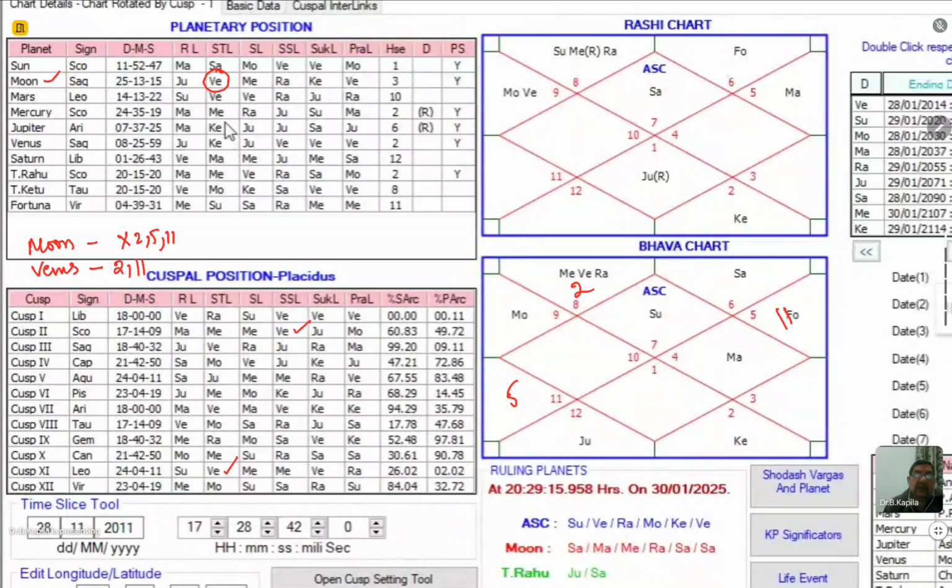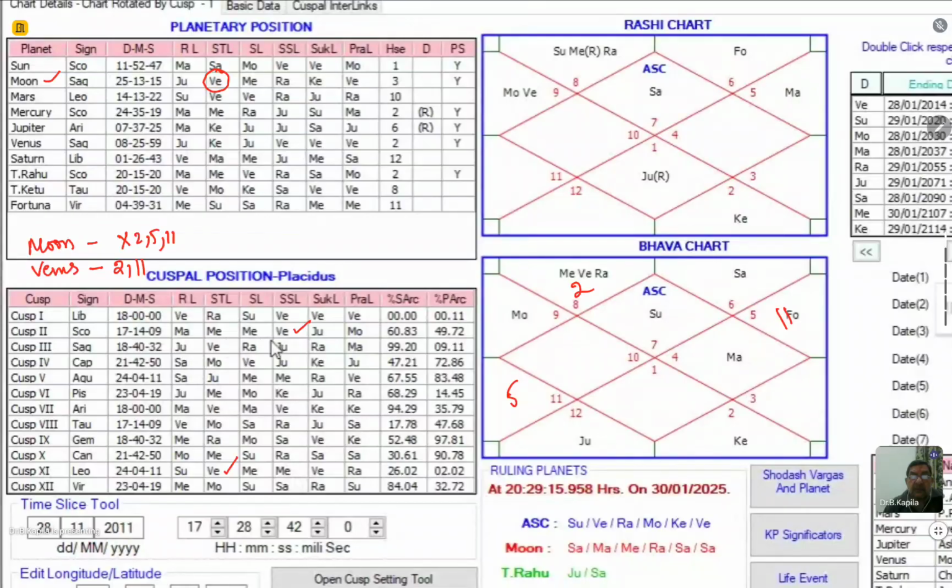So what I said was we were talking about the genuineness of this chart. Now to check the genuineness of this chart, I have to look into what is the promise given by moon. Now moon has to be in the second cusp or in the primary cusp, that is the fifth cusp for the first child, or in the 11th cusp.